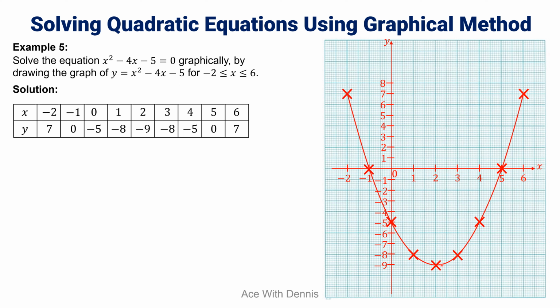And B. Draw the graph of y equals -x squared minus 3x plus 6 for the range of x from -5 to 2 inclusive using a scale of 1 cm to 1 unit on the x-axis and 1 cm to 1 unit on the y-axis. C. Hence, solve the equation -x squared minus 3x plus 6 equals 0 graphically. So you can pause the video and try to solve it yourself.